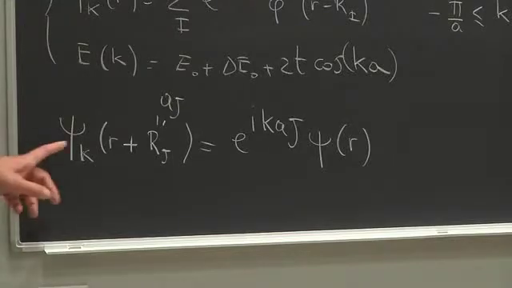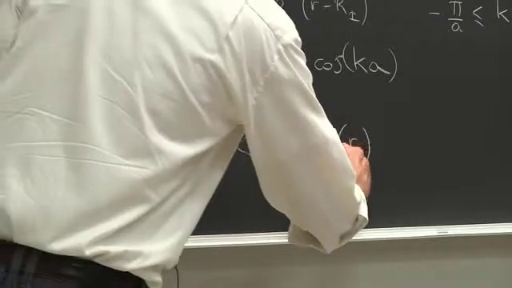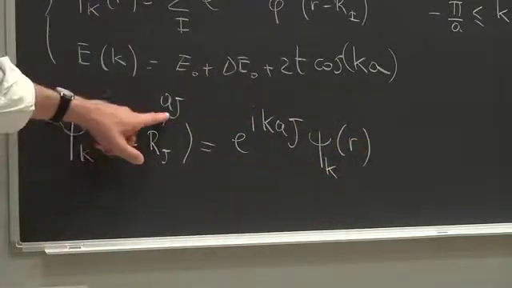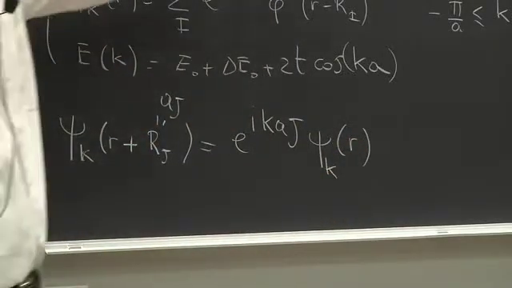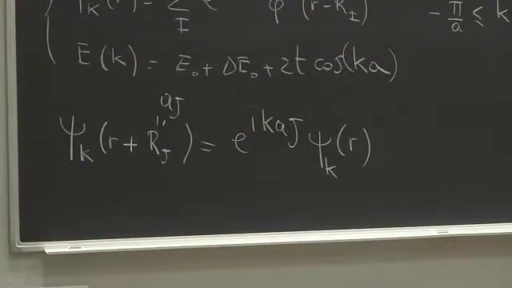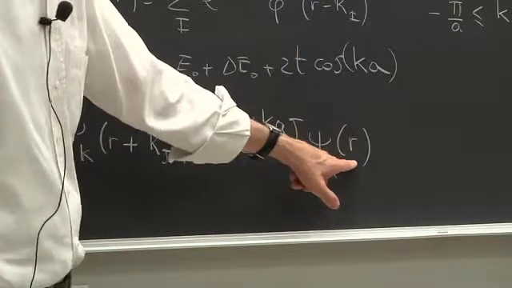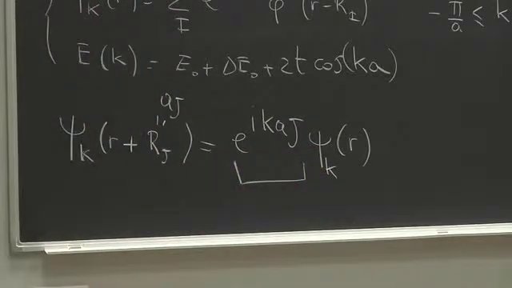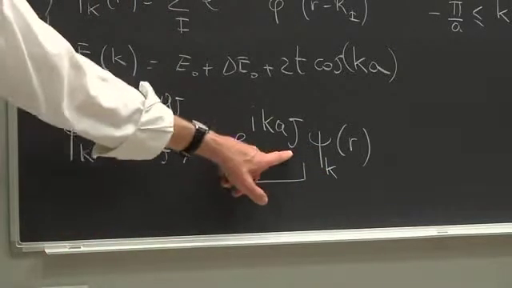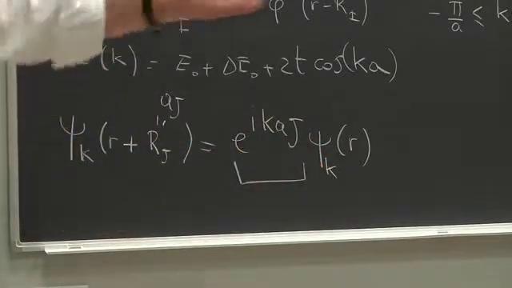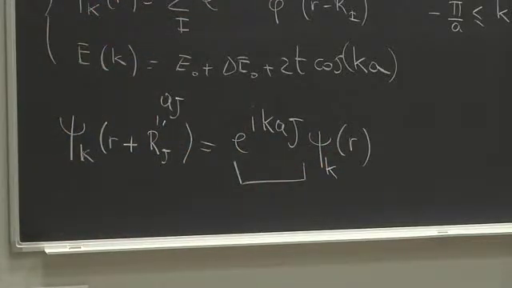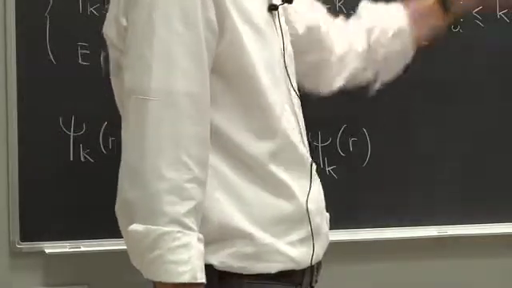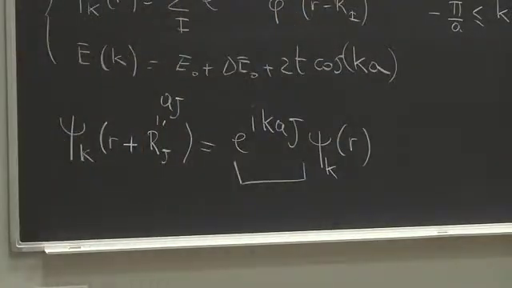In other words, if I translate my wave function by an arbitrary repeat unit, I get back to my wave function, but I acquire a phase which is proportional to the number of steps I actually moved.